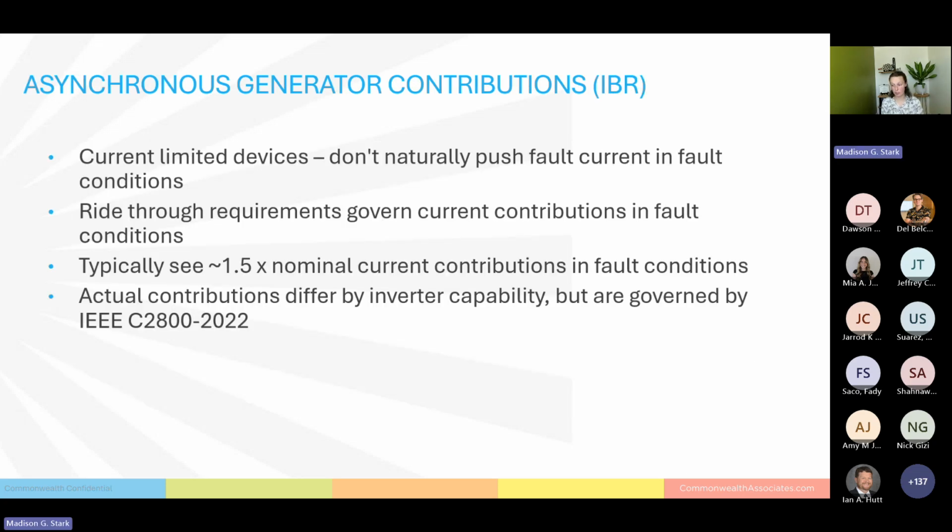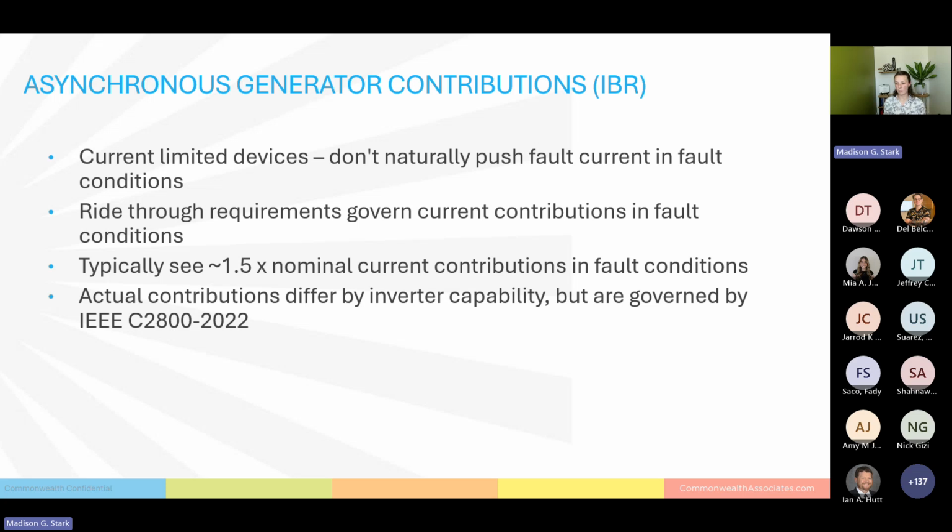Now, asynchronous generation, specifically inverter-based resources, is a little more complicated because these IBRs are current-limited devices. They don't have the capability to push 8 per unit of their nominal current in fault conditions. They just can't do it. So what they have instead is ride-through requirements.